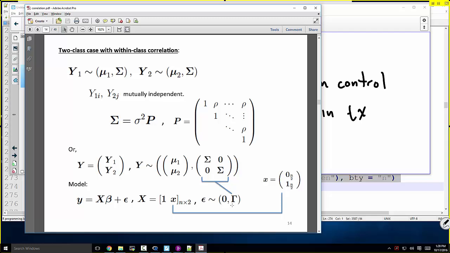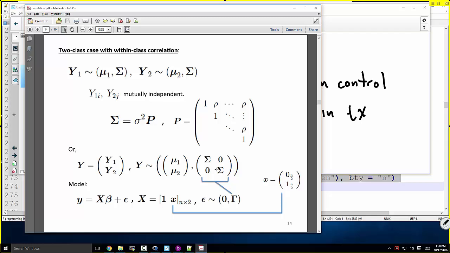I wrote the entire covariance matrix of epsilon this way. It is called block diagonal because with the first half of the data being control and the second half being treatment, there is within-class correlation.